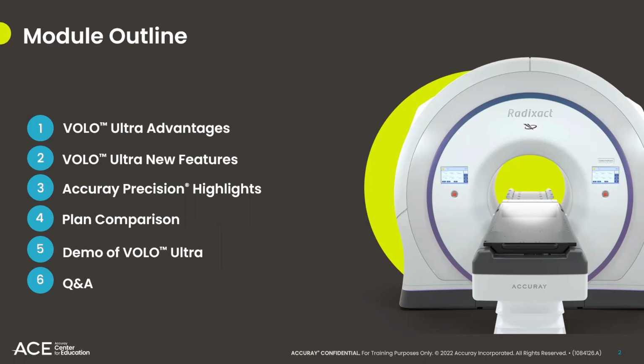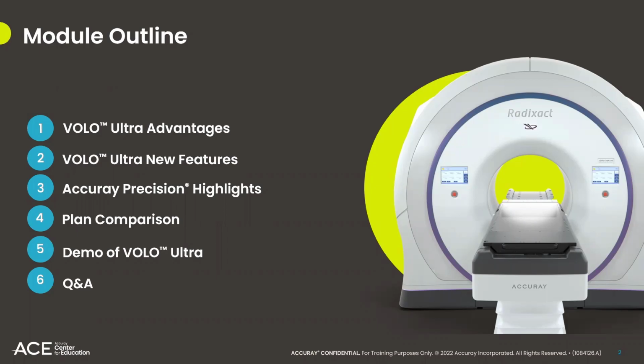This will be a quick review for those who may not be familiar with the changes that came with precision. So part 4 and 5, this is going to be the meat of this session. I took some examples of some actual patient cases from our classic planning system, and then I replanned them on our VOLO Ultra optimizer, and I'm going to share those highlights of the results with you.